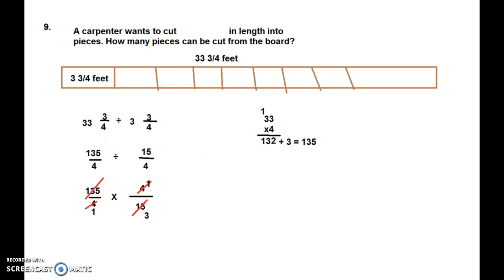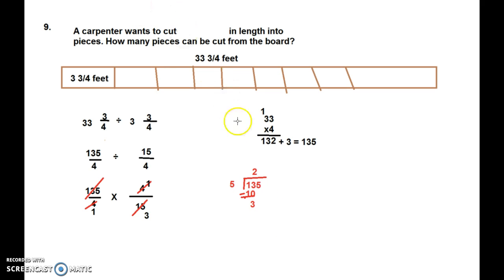So let's figure it out. We have 135, put him in a little division house. He's cold, he wants to be in the division house. We're dividing by 5. 5 times 2 equals 10. Now 13 minus 10 equals 3.